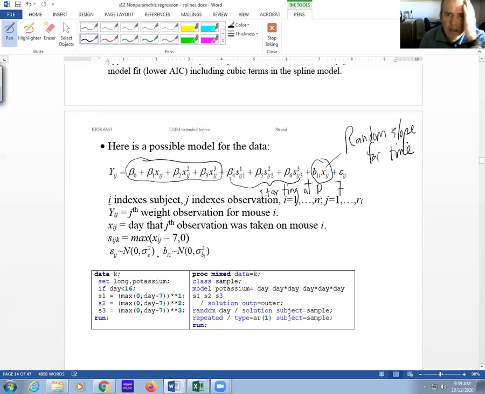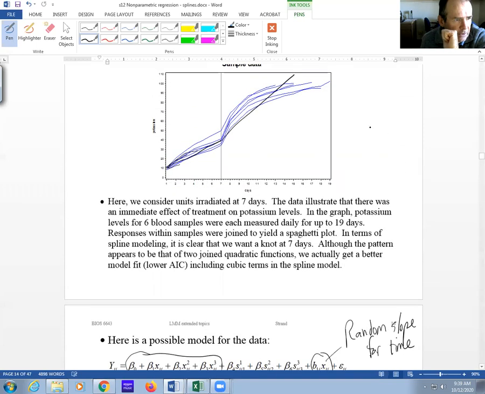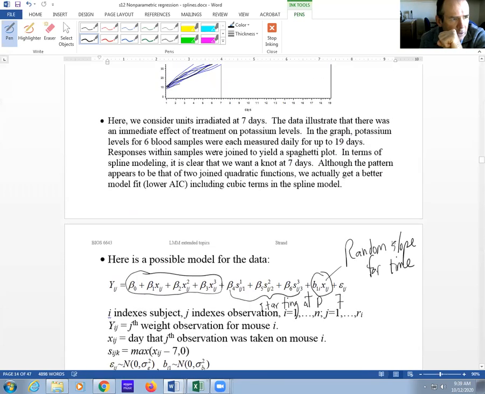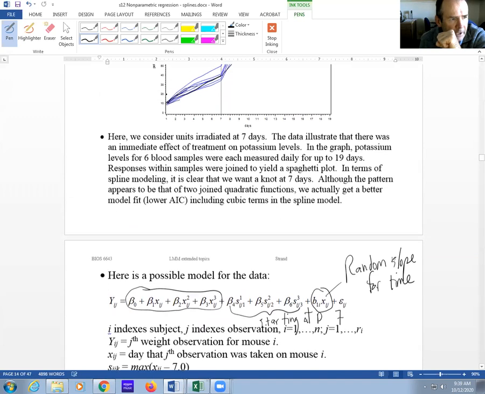And usually when you have a random slope for time, you're going to want a random intercept. So if you don't, there needs to be good reason not to have that random intercept in there. Well, by definition, these were supposed to have the same amount of potassium at the starting point. And that's the justification. So we'll be able to estimate that point with beta naught, right?